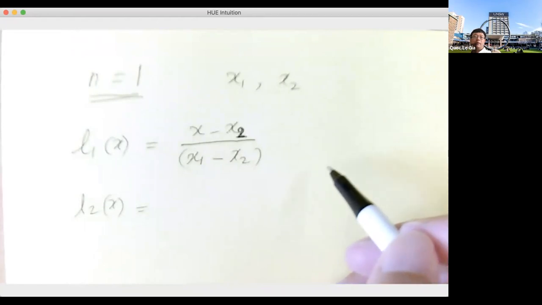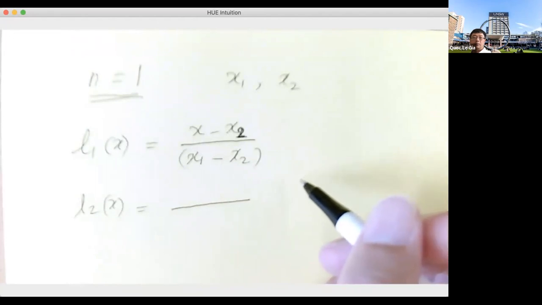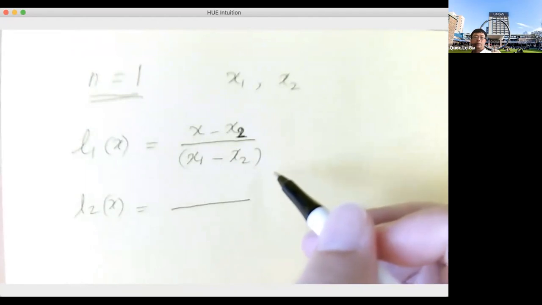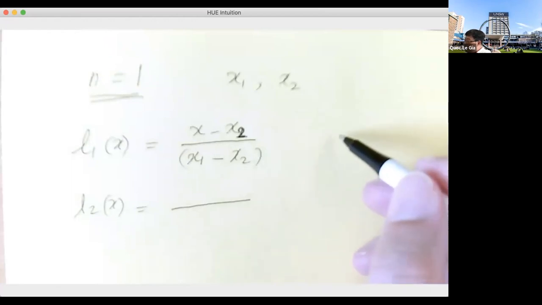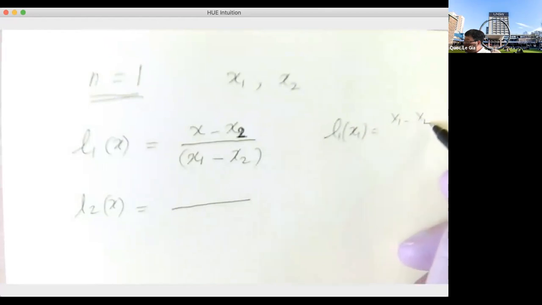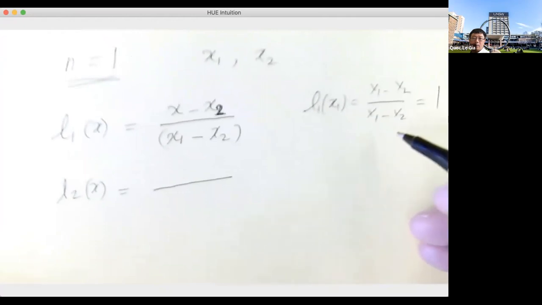Now, if you put x1 into L1, it will be x1 minus x2 over x1 minus x2, and it equals 1.